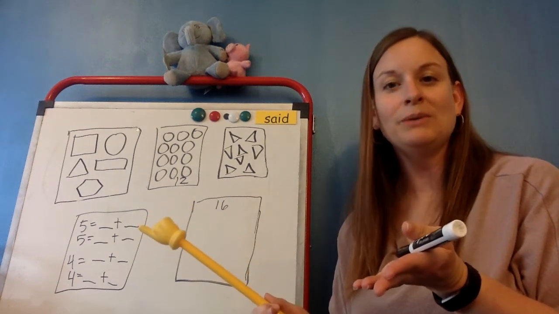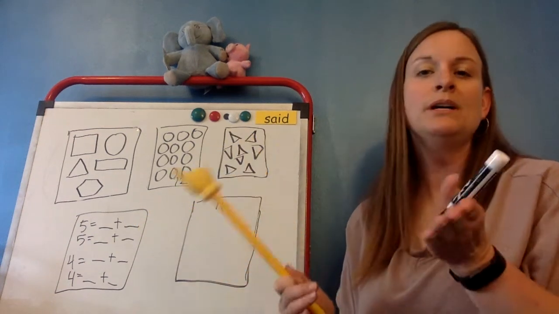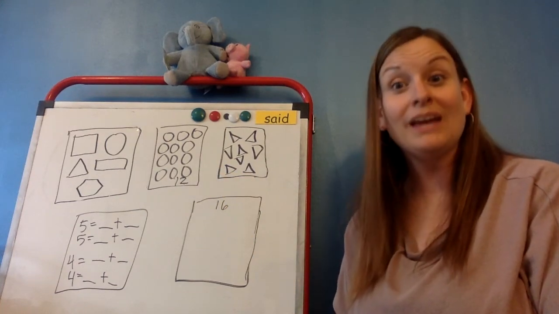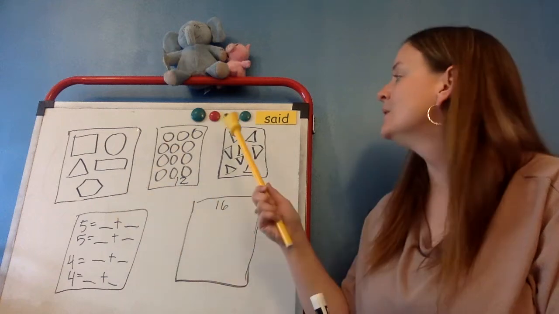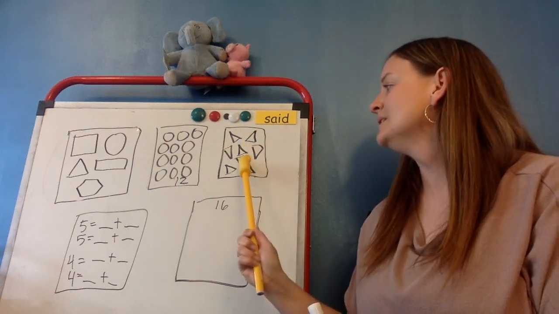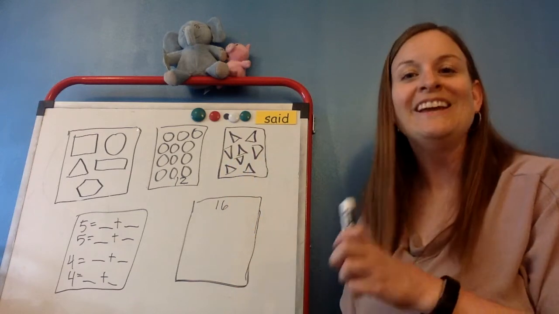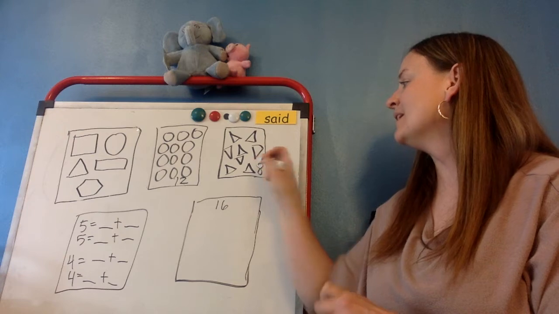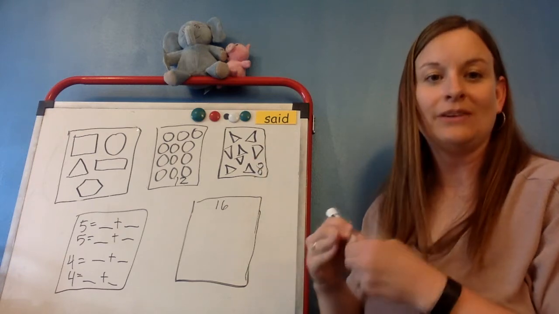Do you think that's the best way to go? No, we count them again and see which one we get 2 times. 1, 2, 3, 4, 5, 6, 7, 8. Okay, now that we've gotten 8 two times, we can put that there are 8 triangles.